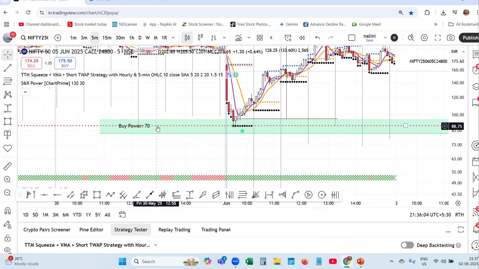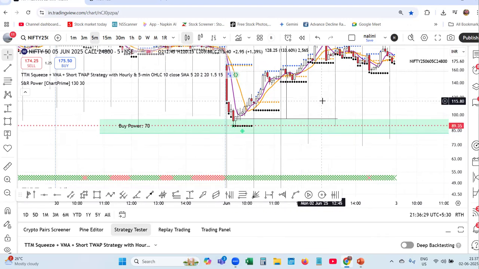Initially it will not be 70, but as time goes, it calculates it as 70. Initially it starts with 58, 59, and it goes on because it is dynamic. As the price action unfolds, it calculates everything.